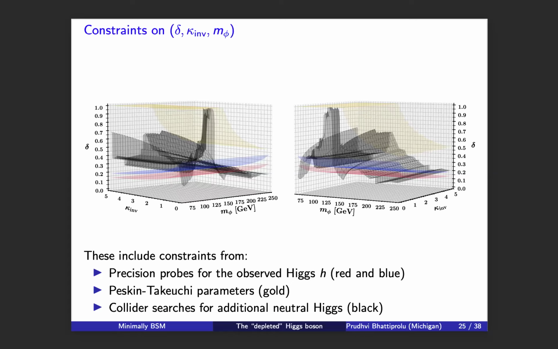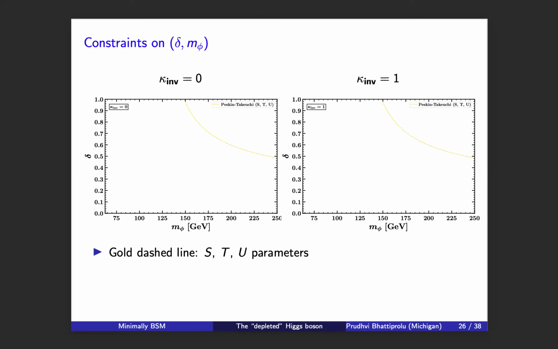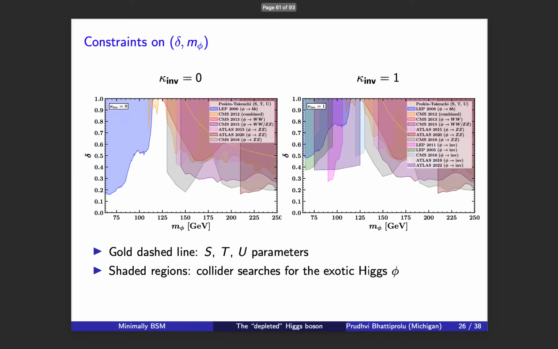So, and to understand this better, I'll just take two slices of it, one at kappa equals 0 and one at kappa equals 1. So these are the two slices in the 3D parameter space. So the gold dashed line corresponds to the constraints from Peskin-Takeuchi parameters.